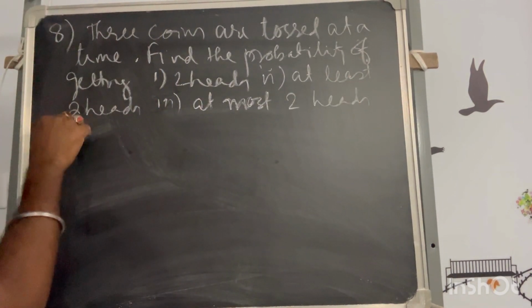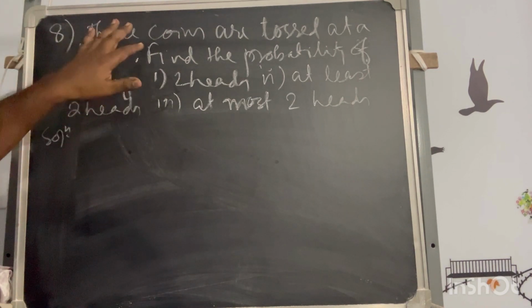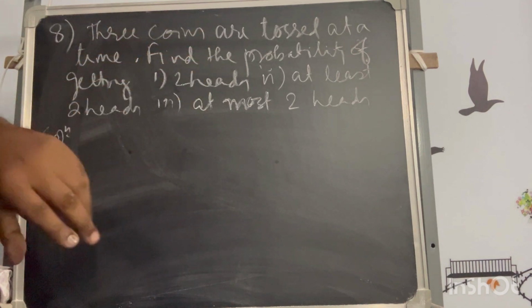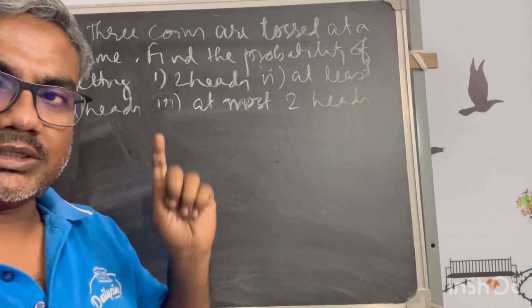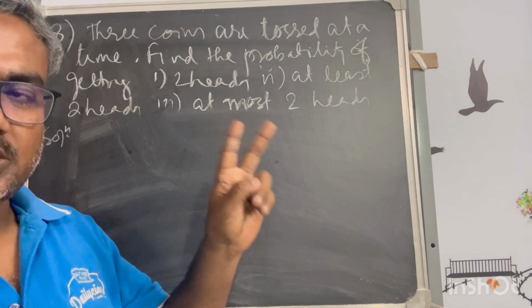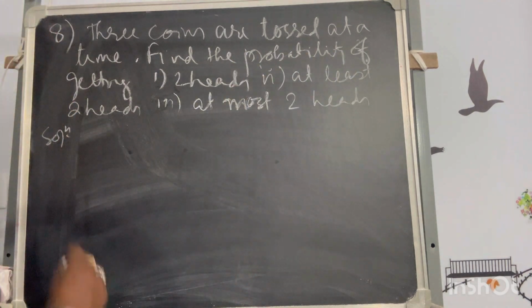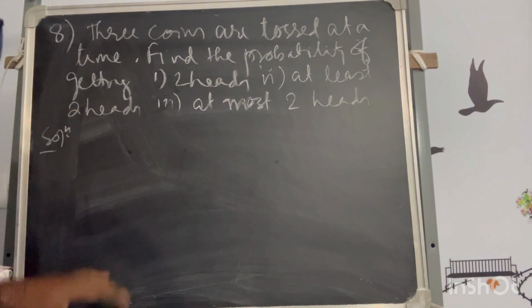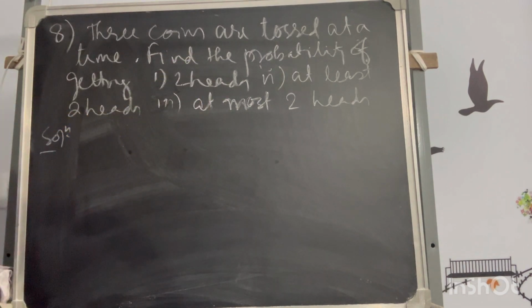To solve it, first we have to look at what we explained earlier during the discussion of theory: tossing a coin once, tossing two coins at a time, or tossing a coin consecutively. That result we have described. Now in this case the tossing of the coin comes thrice.